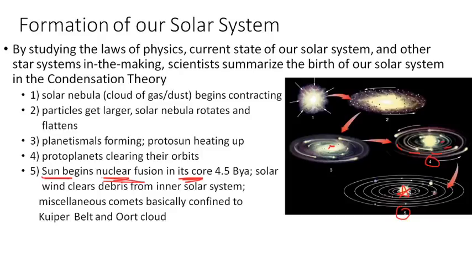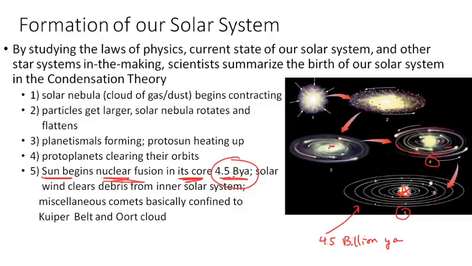In this class I want you to know a couple of dates, and one of them is this: B stands for billion, YA for years ago. This happened about 4.5 billion years ago.